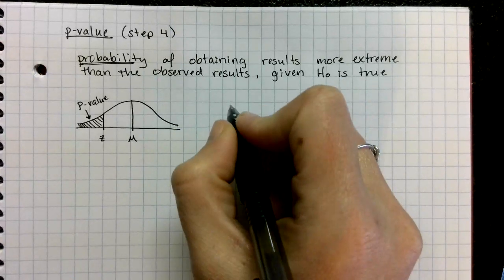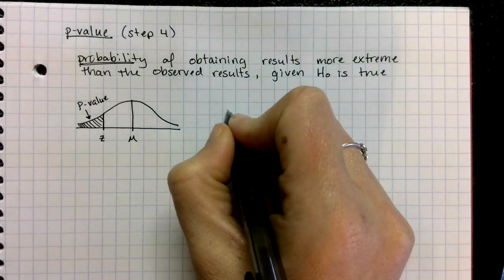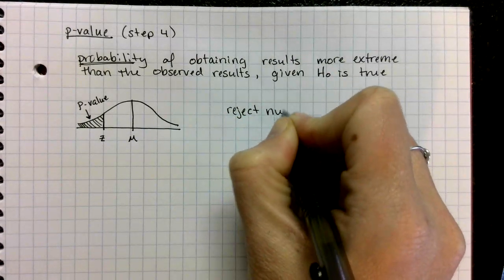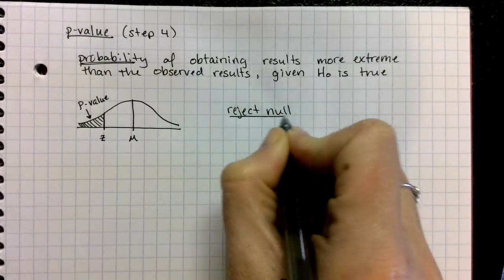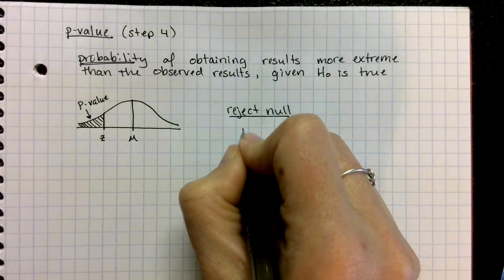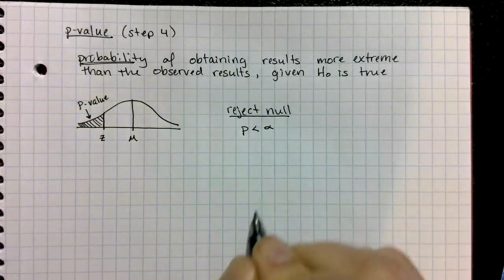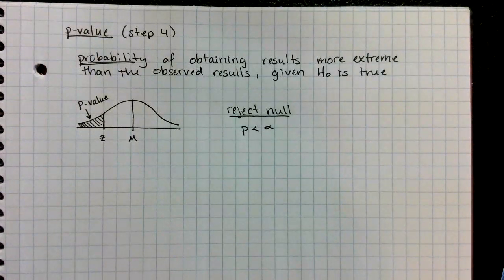There are two things to think of. Our ultimate goal is to reject the null. The way that we get to reject the null is if p is less than alpha. Alpha is our cutoff value, and it's usually 5%.